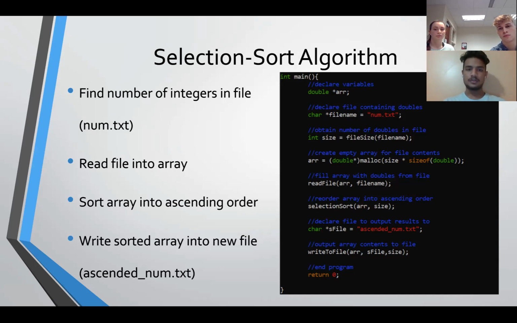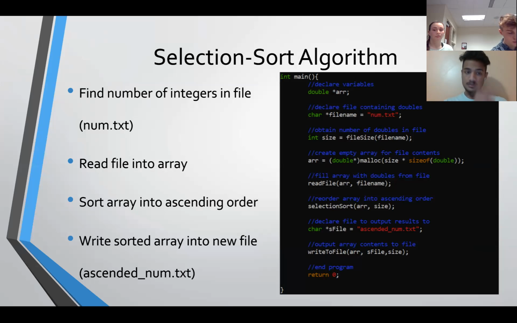For this project, we were supposed to read from a file given as num.txt, sort its content in ascending order, and then write the sorted content into another given file, ascend_num.txt.